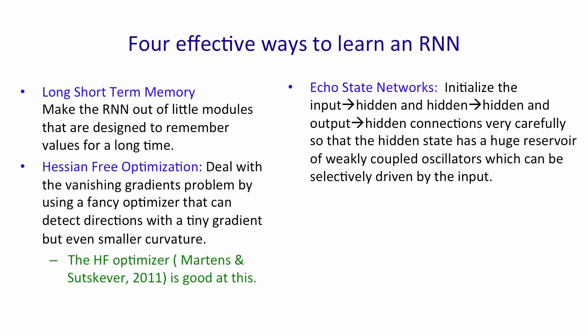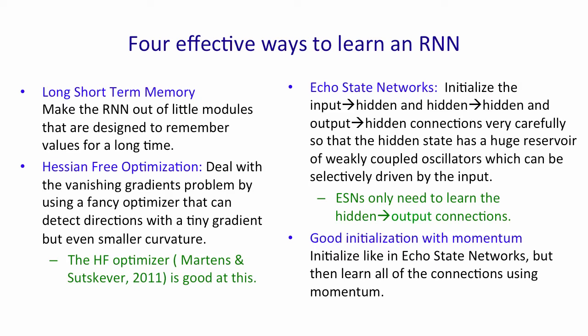You then try and couple those reverberations to the output you want. And so the only thing that learns in an echo state network is the connections between the hidden units and the outputs. And if the output units are linear, that's very easy to train. So this hasn't really learned the recurrent bit. It's used a fixed random recurrent bit, but a carefully chosen one, and then just learned the hidden to output connections.